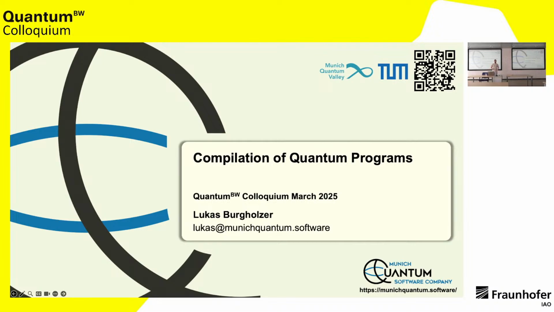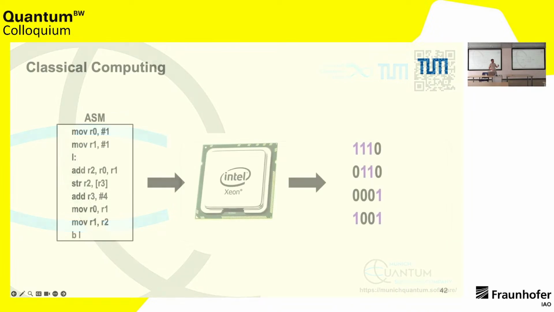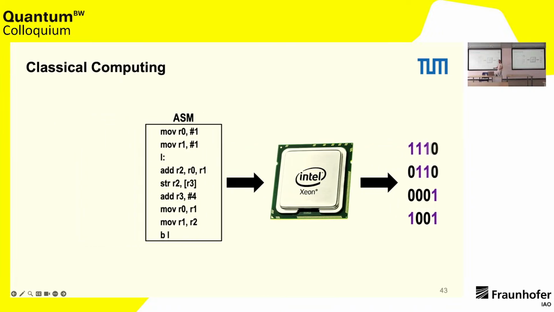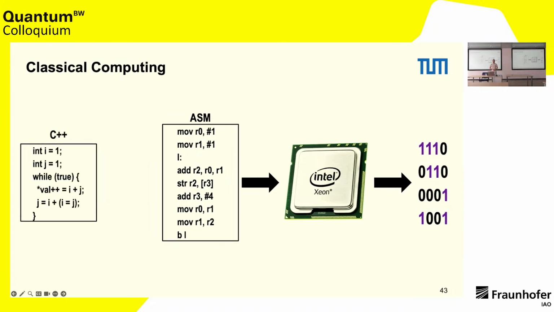What's going on behind there? Let's draw the analogy to classical computing. I'm pretty sure none of you is writing assembly programs anymore, hopefully. How many of you still are? Any? All right, I figured. What most people probably do on the classical side of things is write in C++, in Python, in Rust, in any high-level programming language.